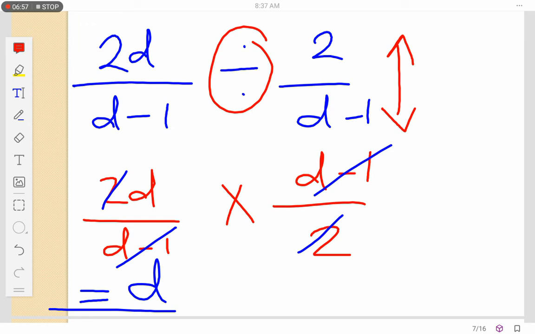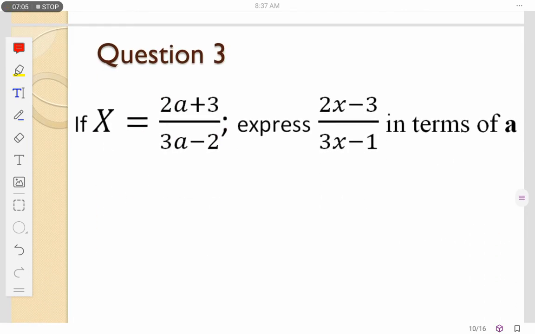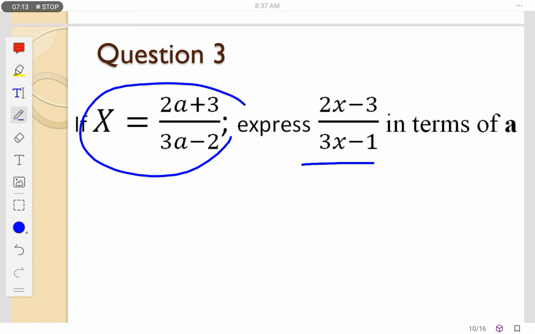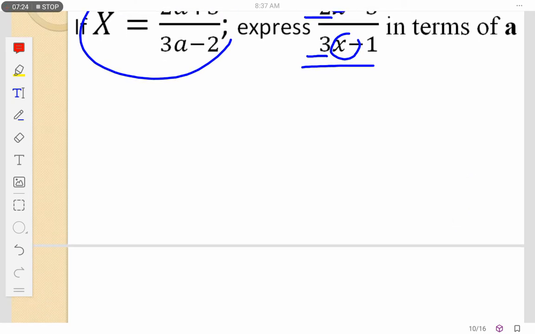Okay, so we can go on and look at the second question that we have. We want to express again x, which is this one, in terms of that. So for every x here, I'll substitute that. This one is a bit different because it has got these numbers there. We can treat it the same way that we did on the other question that we just did.